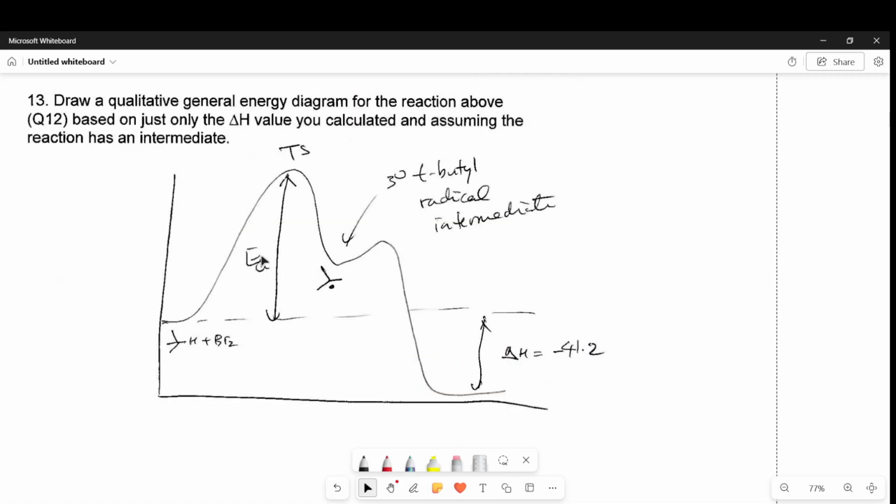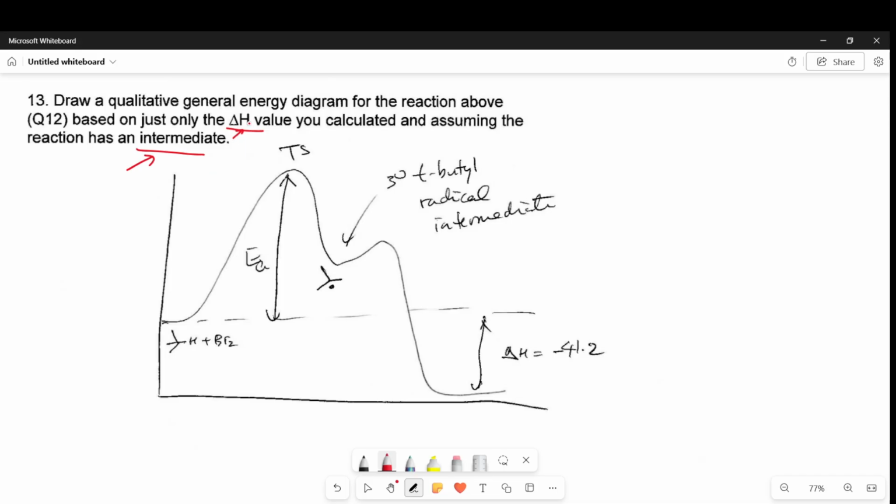Okay, now question number 13, and the question is, draw a qualitative general energy diagram for the reaction above in question 12 based on just the delta H values. You can calculate, assuming the reaction has an intermediate. These are two important concepts here.